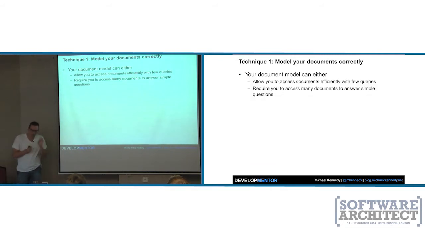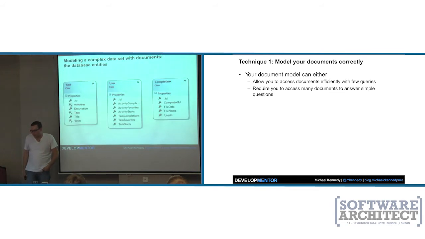So we're going to talk about 4 ways we can make this fast and sort of things we have to consider when we're thinking about performance. And the most straightforward and simple way, the place to start, is how do you model your documents?